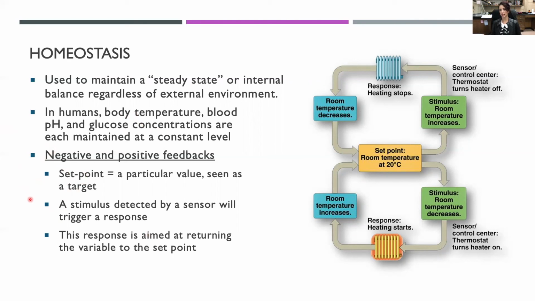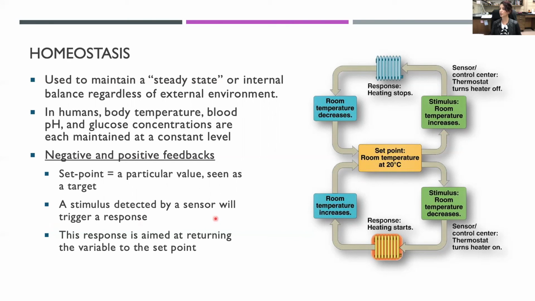A stimulus detected by a sensor is going to trigger a response if we determine that our body temperature is too high or too low, our blood pH is too high or too low, or our glucose concentrations are too high or too low. This response is aimed at returning the variable back to the set point.